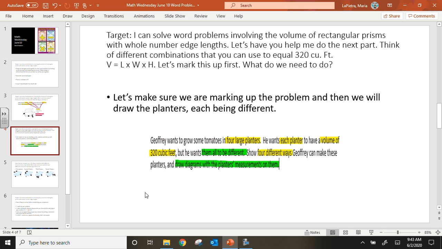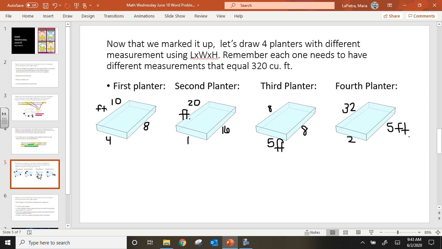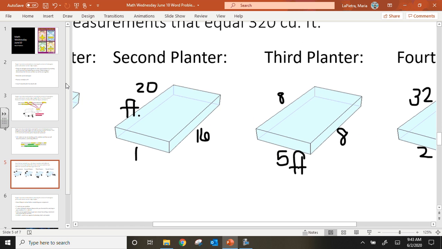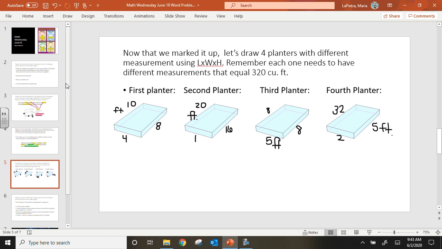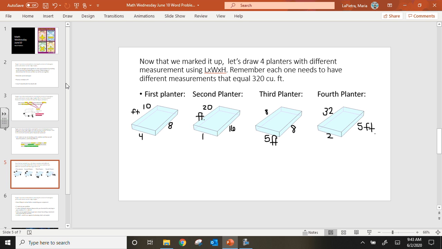Okay, hopefully you came back and you are ready to go. Okay, now that we looked at all this and we marked it up, here are the 4 rectangular planters that I have. The first one, second one, third one, fourth one. They each have to equal 320 cubic feet, and they have to be different.